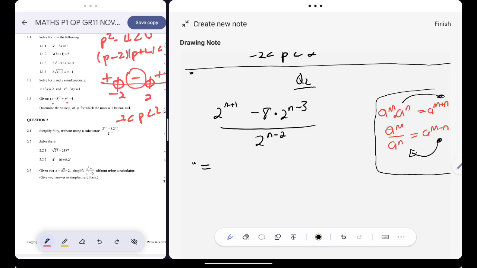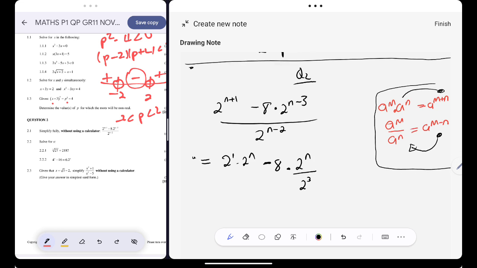I had 2 to the n plus 1. It simply means I had 2 to the power n multiplied by 2 to the power 1. Here, since 8 doesn't have an exponent, I'll just leave it as it is, and I'll multiply by 2 to the power n all over 2 to the 3.